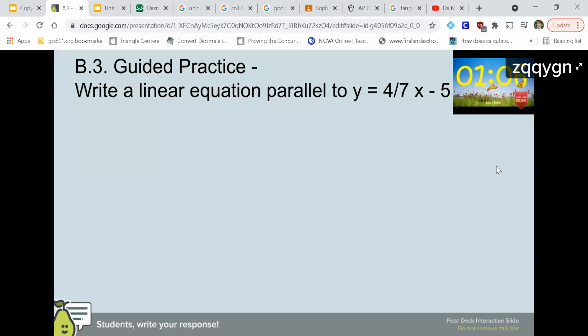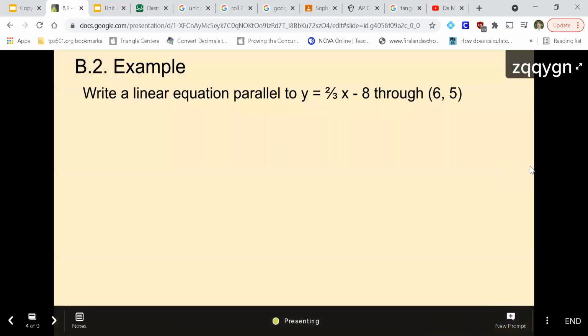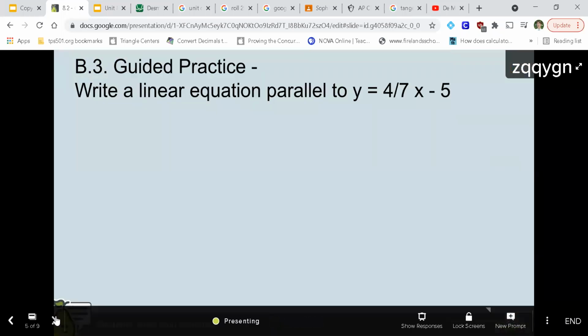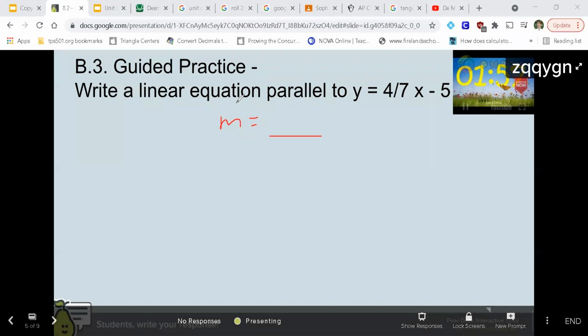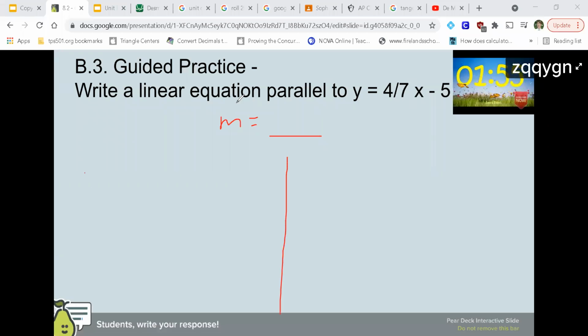All right. I'll give you a hint now that we're halfway through if you're still stuck. To do this problem, tell me what m is. And then if you like the first method, you'll tell me y equals that x plus, again, any number is fine.